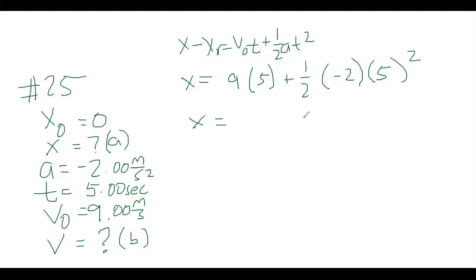Put that into our calculator. And we get 20 meters. I could have done that without my calculator, but I want to make sure I'm right here. That's how far we've gone. 20 meters.